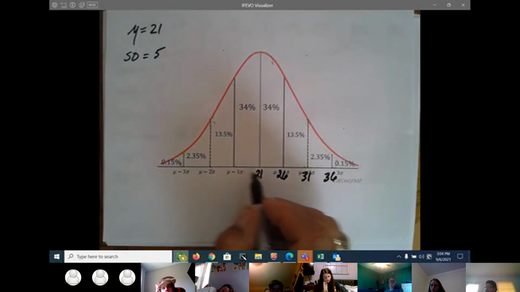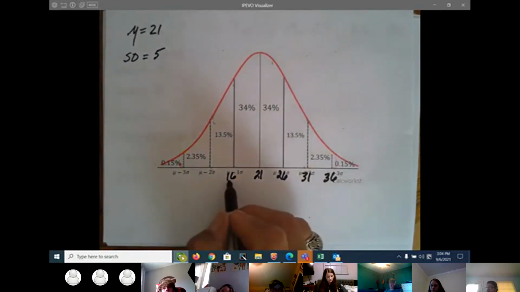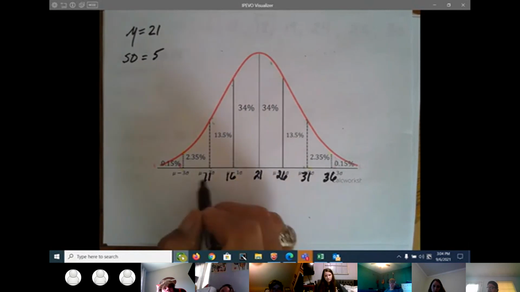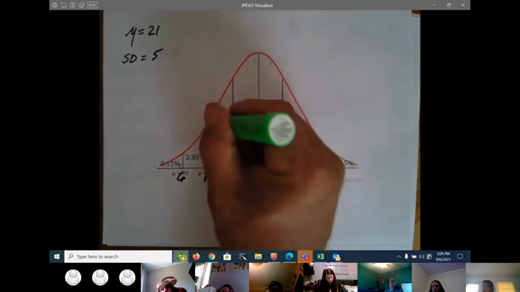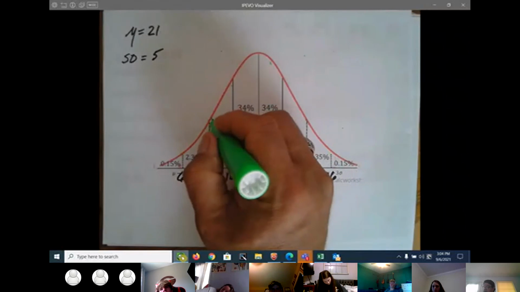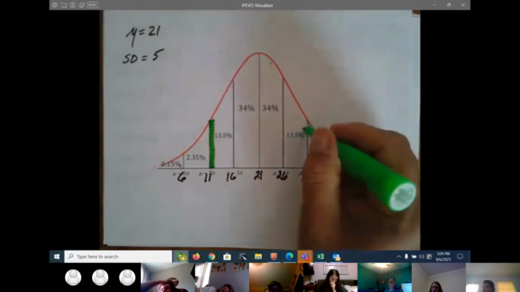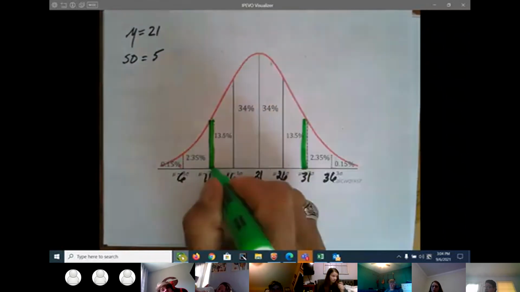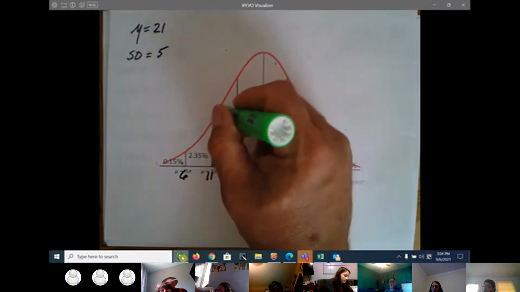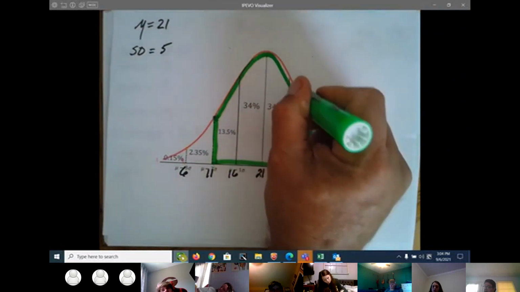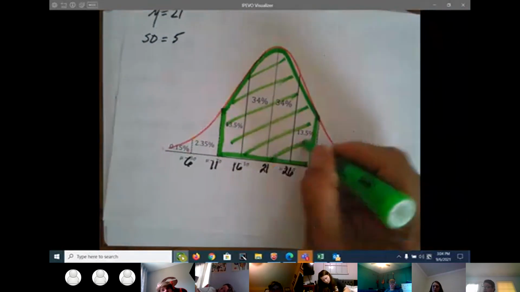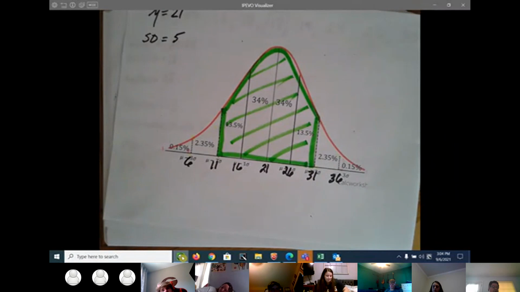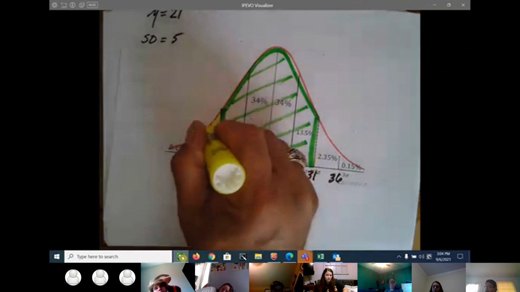21 minus 5 is 16. 16 minus 5 is 11. 11 minus 5 is 6. So I take my handy dandy green marker, and between the ages of 11 and 31, that is considered to be normal. Unusual is going to fall right in here.